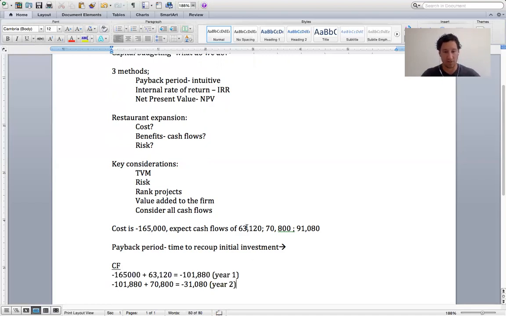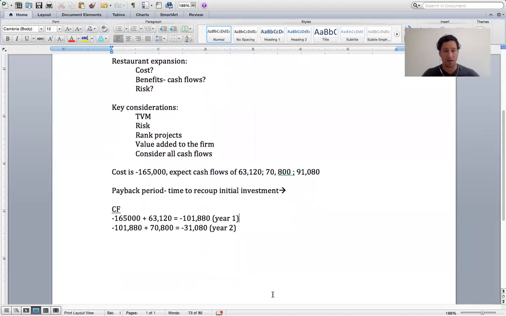Remember, this is year one's cash flow, year two, and year three. That's where this timeline's coming from. All right. So we know after year two, at some point during the third year, we're going to break even. Like we've got 91,080 coming in, and we're only in the hole negative 31,000. So roughly a third of the year.